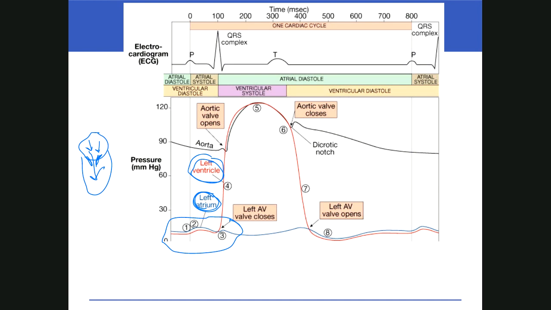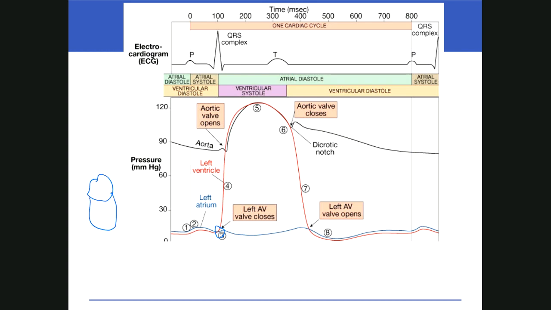But look what happens right here. That red line goes higher than the blue line. So now, where's the pressure higher? In the atrium or the ventricle? What's higher now? Which one's above, the red or the blue?